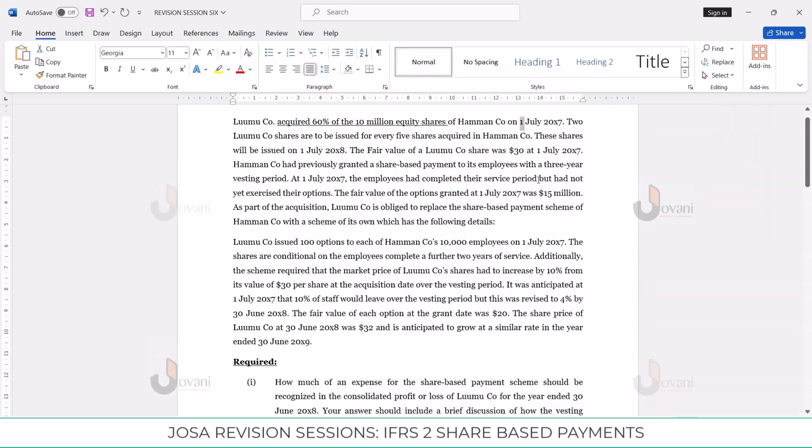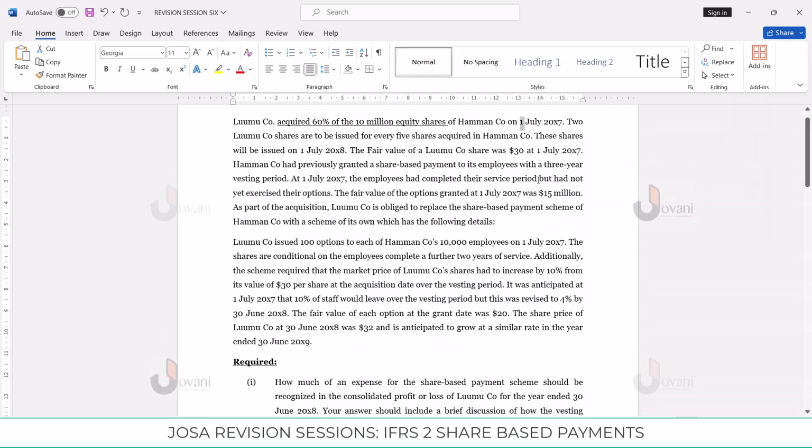The fair value of the options granted at 1st July. You see, the fair value that is to be settled is worth 15 million.